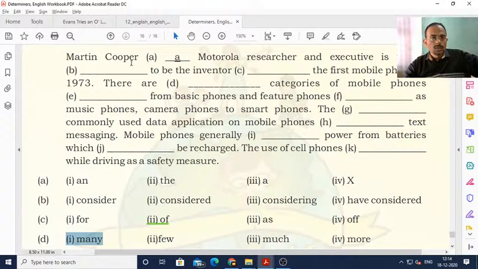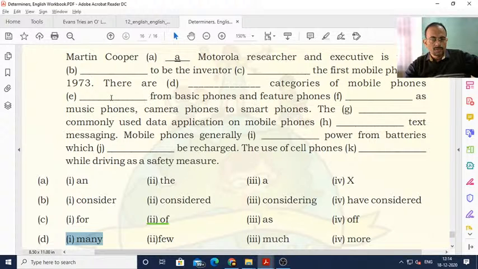Here also you can see number B, is widely considered, this is of course not determiners. Inventor of is also not determiner, but this is determiner. Number D is determiner.